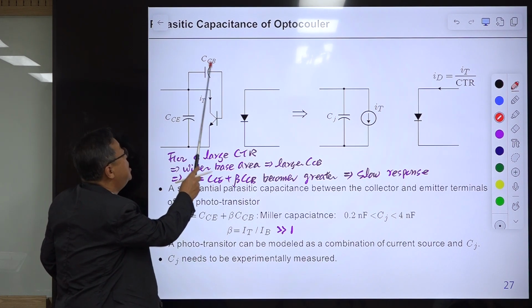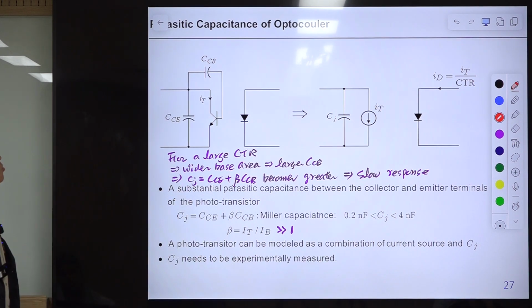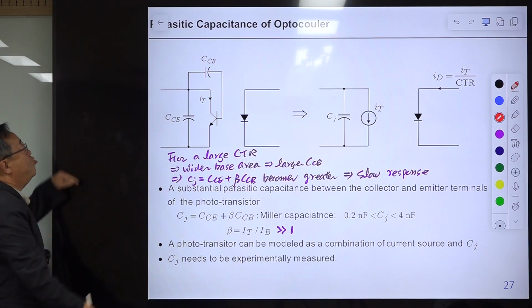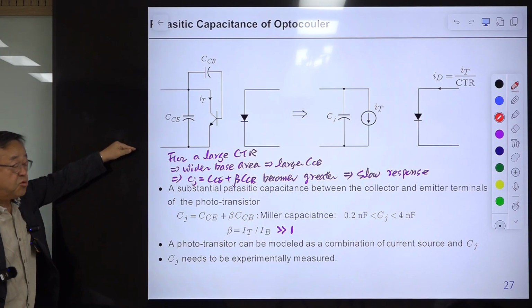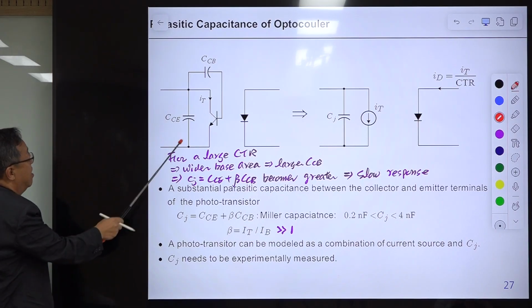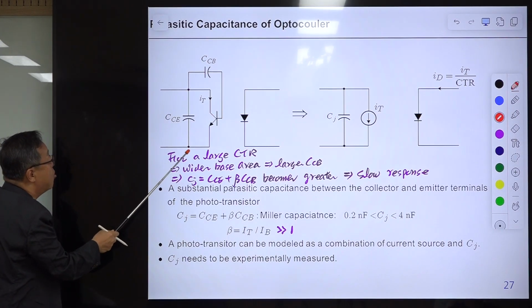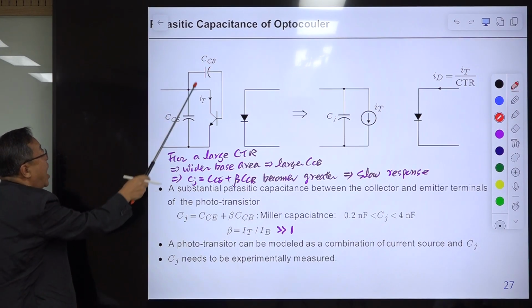So CB, the junction capacitance between the collector and the base, is larger than in a normal transistor, and this one is amplified when you are seeing it here. So CJ is actually the parasitic capacitance between the collector and the emitter plus this capacitance times beta.